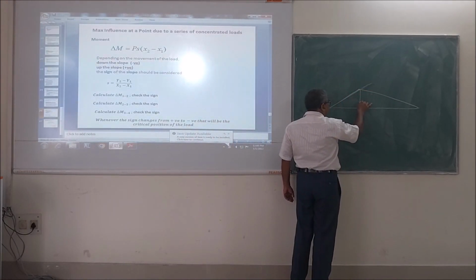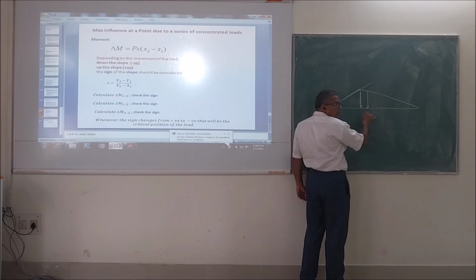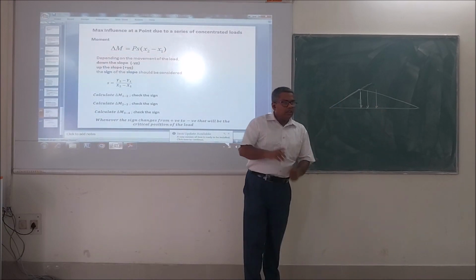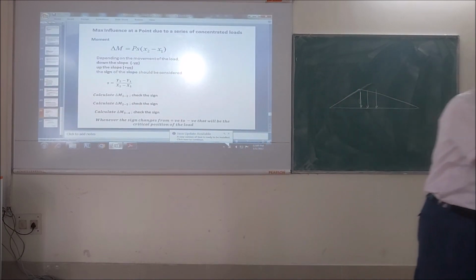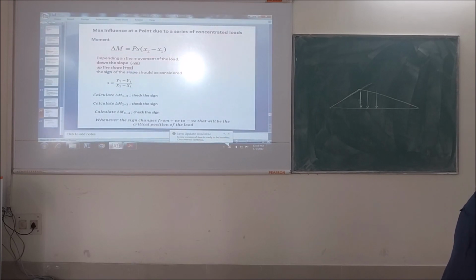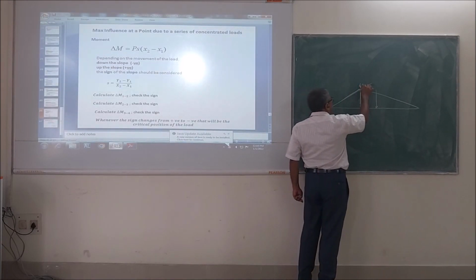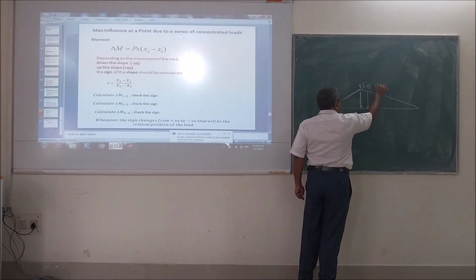So first position, what will happen? Your 4.5 kN load will come over here. Correct? Your 18 will be coming over here. Another 18 will be coming over here. Right? For the next position of the load, what will happen? In the next position of the load, this 4.5, this is 18, this is 18, right?